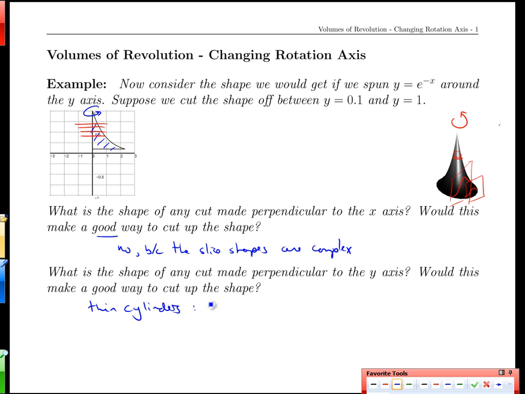And this is a good way to slice the shape, because we can find the volume of those thin cylinders in a straightforward way, whereas finding the volume of little thin slices of exponential curve like that is not quite so straightforward. So we won't do that. All right.